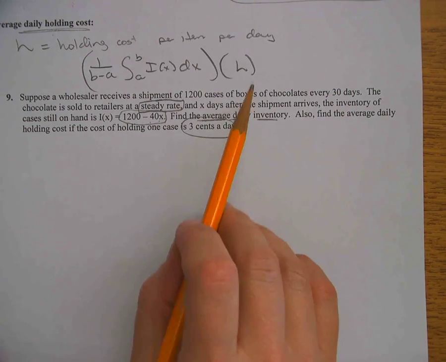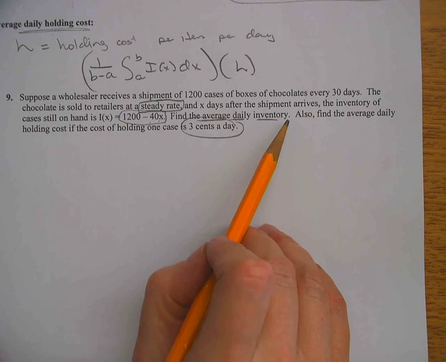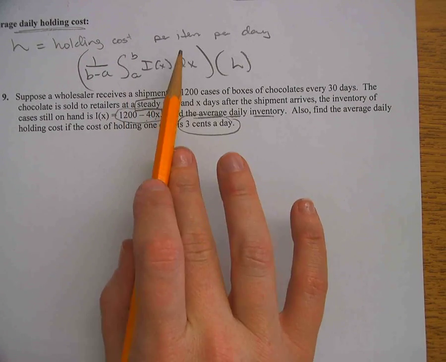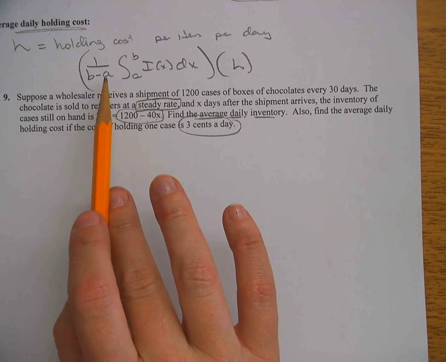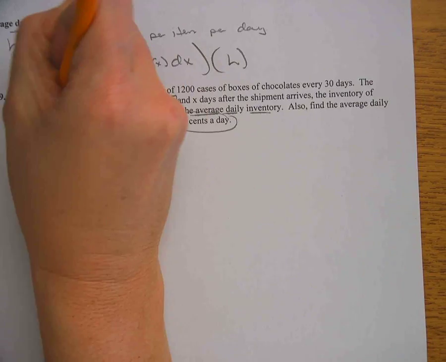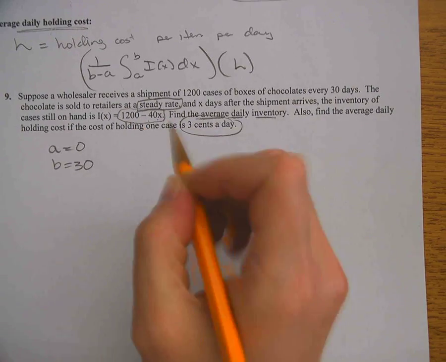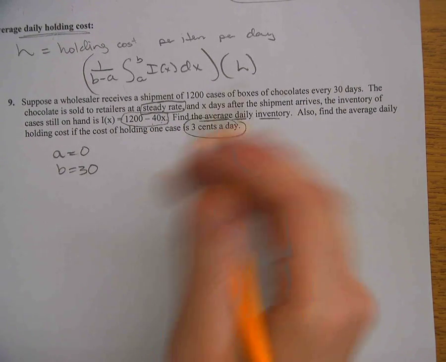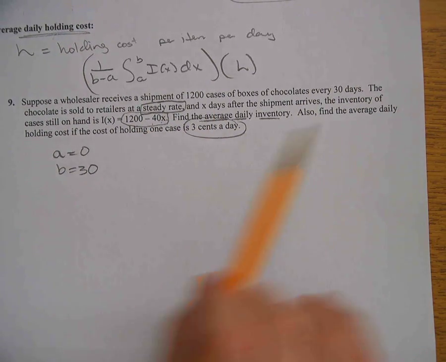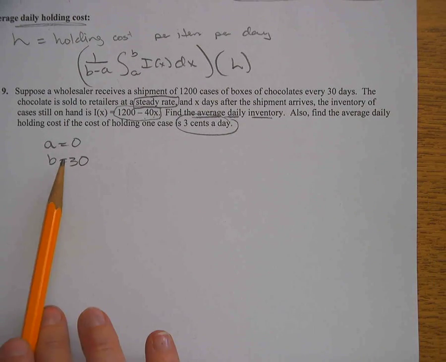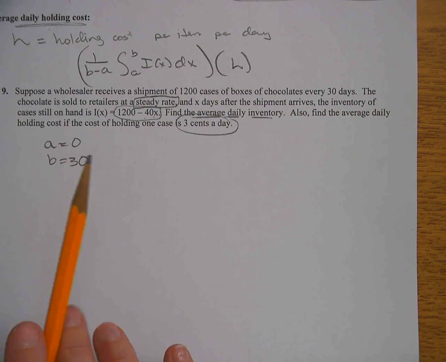Average value of a function is code for the integral divided by b minus a. In this case, a would be 0 and b would be 30, because it's every 30 days. So one cycle of these shipments is from 0 to 30.